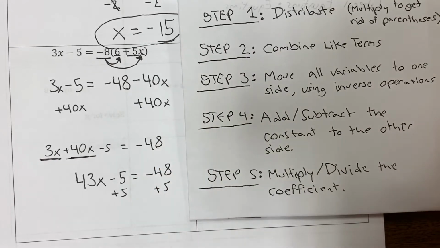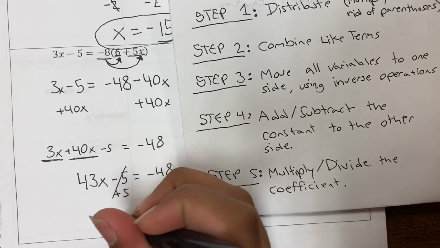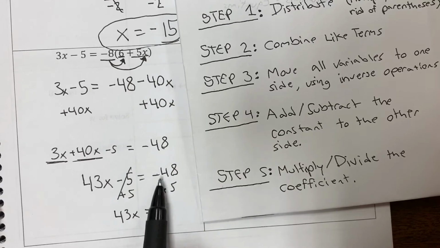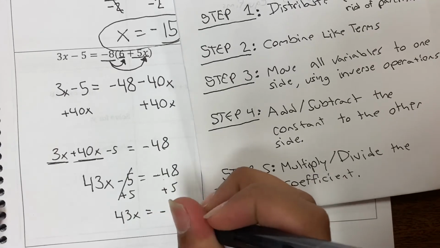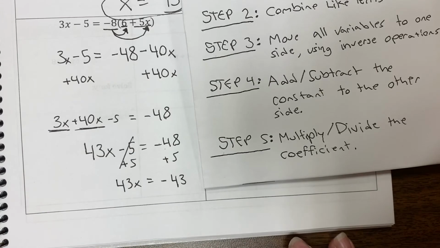So I'm going to put positive 5 over there. So now these are going to cancel out, and I'll have 43x equals negative 48 plus 5 is going to give me negative 43. This looks like we're not going to need a calculator.